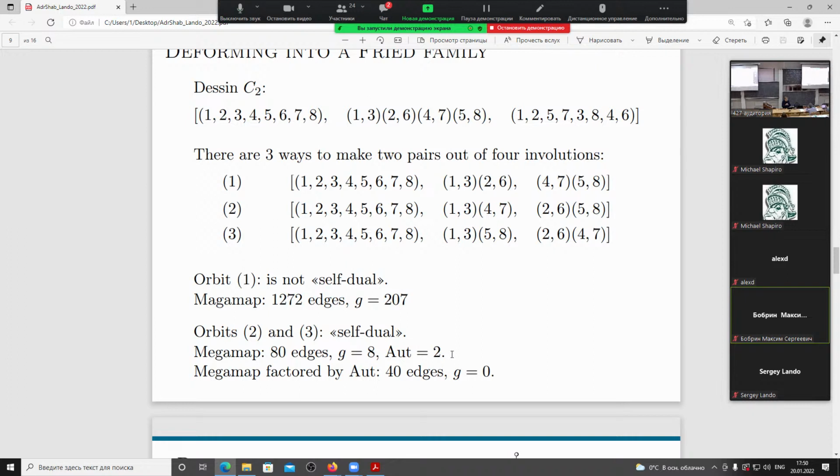And another point is that to talk about megamaps, we number the critical values. It means that we introduce some new structure on this family, and it defines some cover of this original curve in moduli space. But anyway, they are related. They are quite close and covers of order 2.